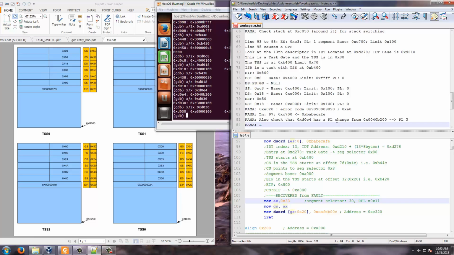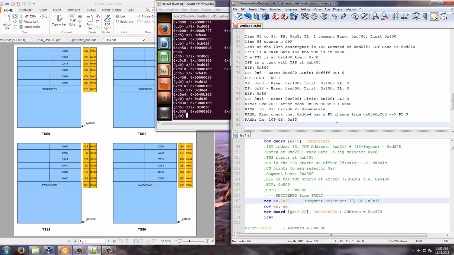So E320, I am moving line number 110, 109. Your GS is 0x33.